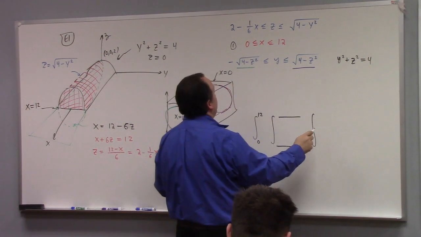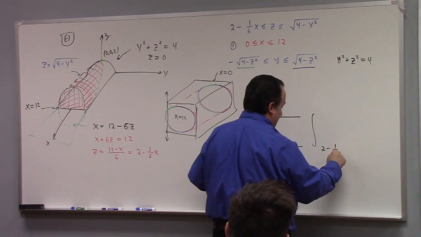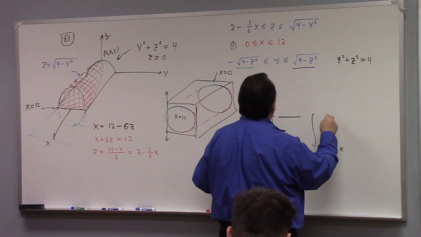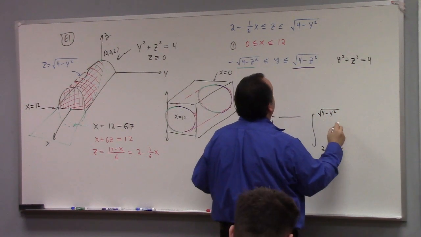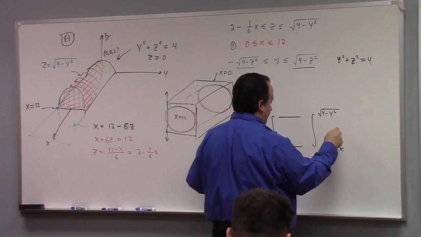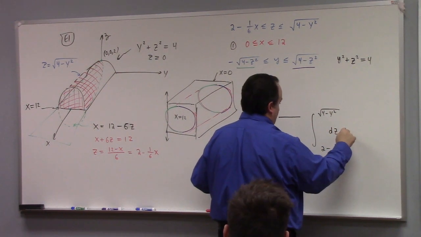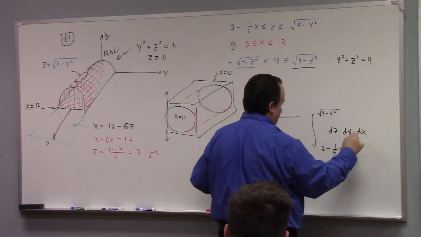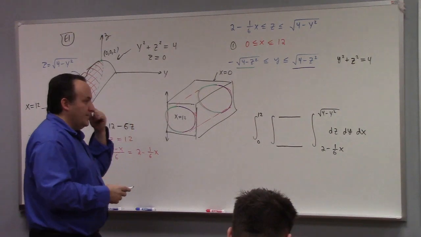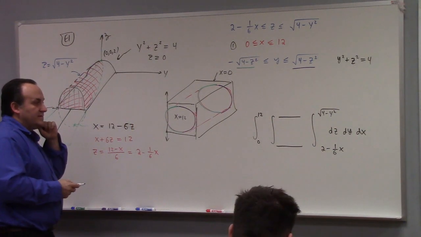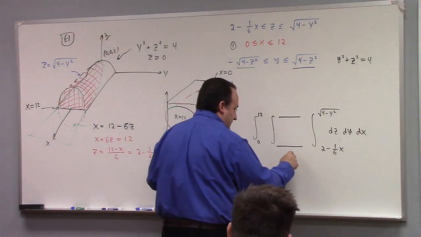We've more or less decided that we're going to put 2 minus 1/6 x here, and the square root of 4 minus y squared here. So we're doing the dz, then the dy, and then the dx. So what do I need to put here? I'm only allowed functions of x, right?